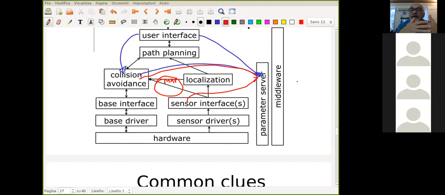And why do we do that? Because in many situations, you don't have the middleware at the upper level. For example, when programming embedded systems that are more and more common in robotics, for small machines or efficient machines. Okay? Thank you.